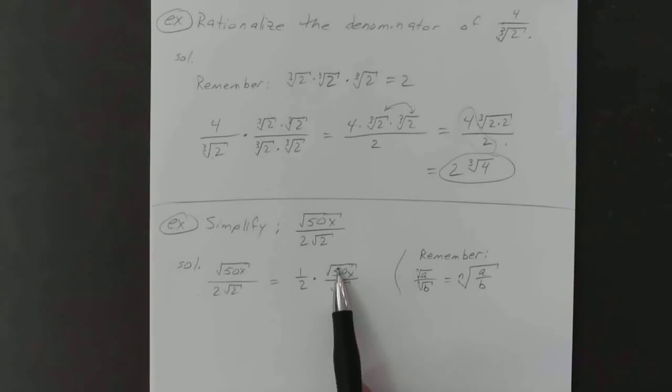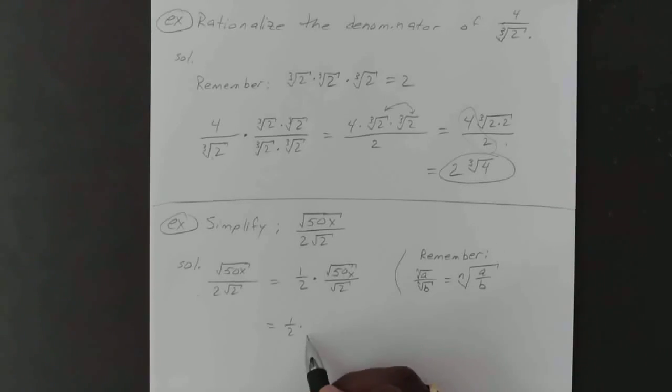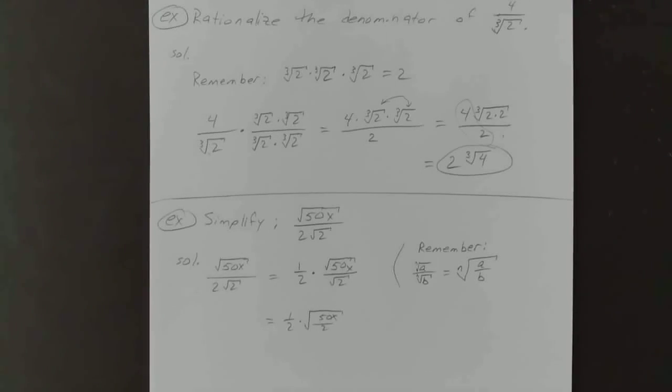So if we have a square root of 50x over square root of 2, we can make that equal square root of 50x over 2. Which kind of cuts down the work of reducing 50 to 25 times 2 and then the square root and then breaking it up. You can just do it in one swoop.